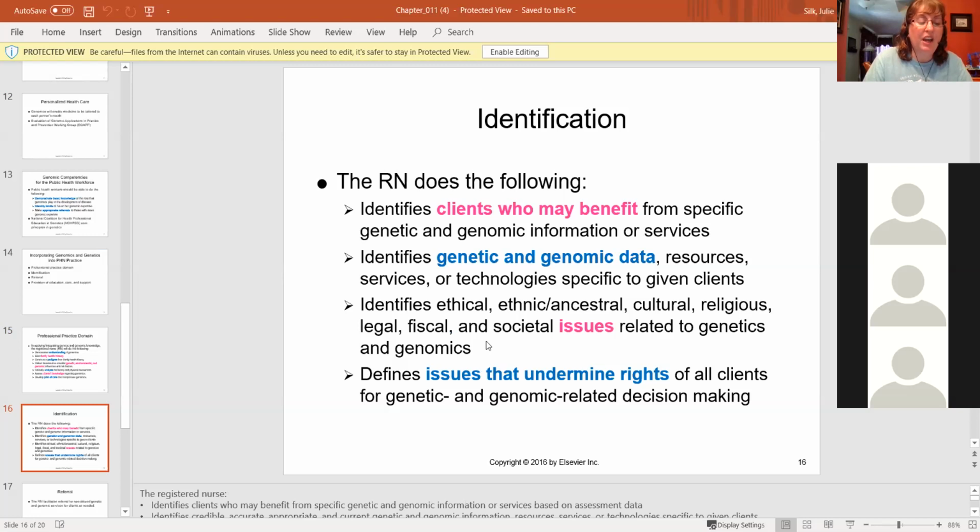They should identify ethical, ethnic, ancestral, cultural, religious, legal, fiscal, and societal issues related to genetic and genomic information and technologies. And then they need to be able to define issues that undermine the rights of all clients for autonomous, informed, genetic and genomic related decision making and voluntary action.